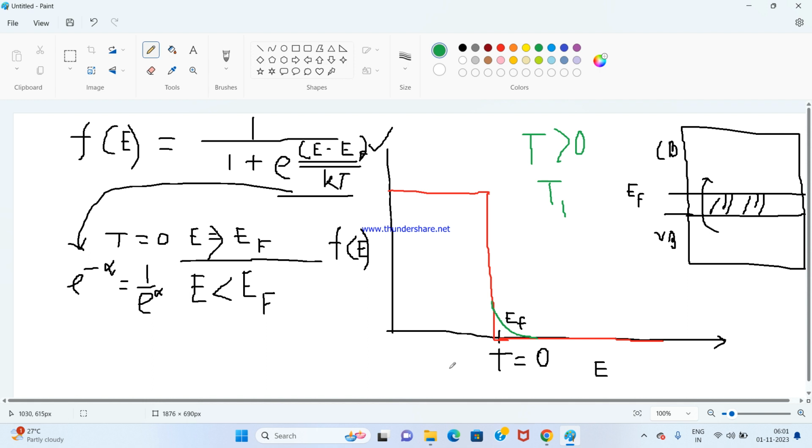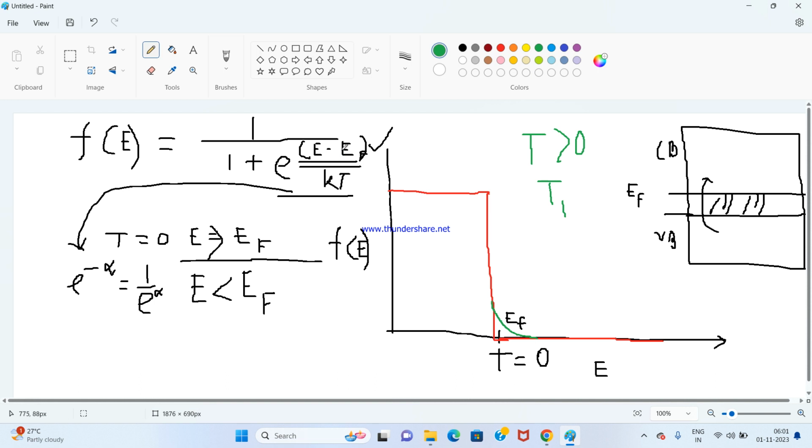And similarly if the value E is less than EF, okay, meaning this left side. So what will happen?